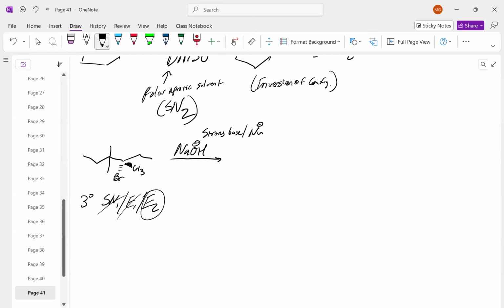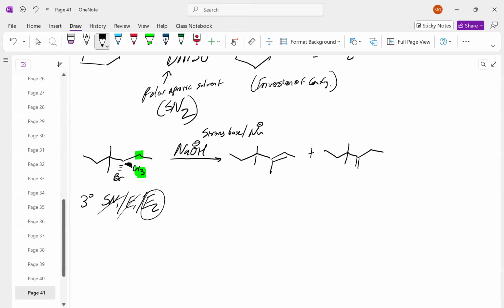Okay, so let's outline our possibilities here because we have alpha hydrogens here and alpha hydrogens here. So one of our products could be this. Another product could be this.